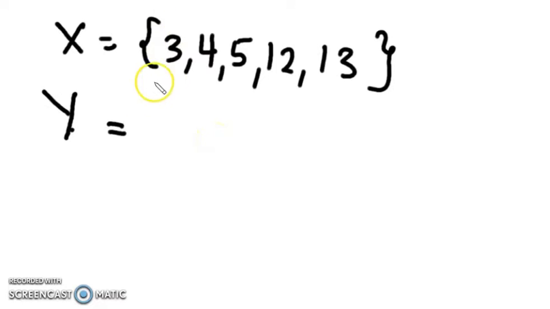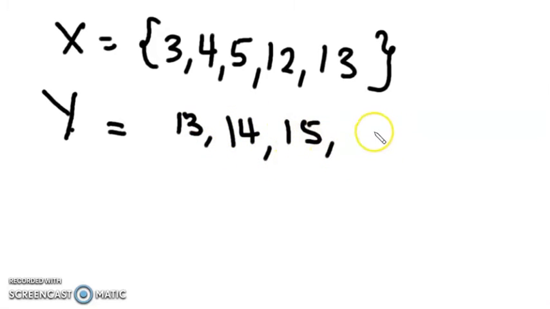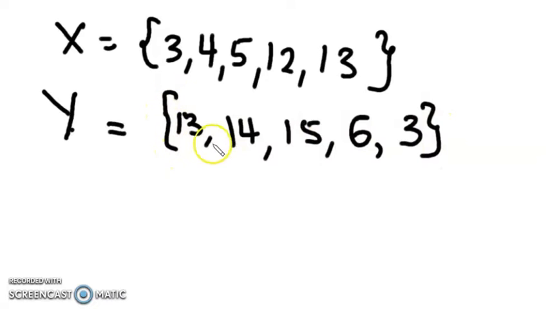Let's say that the set Y has elements 13, 14, 15, 6, and 3. Note, when we write the elements of a set, we put curly brackets at both ends, and then we use commas to separate each element of the set.